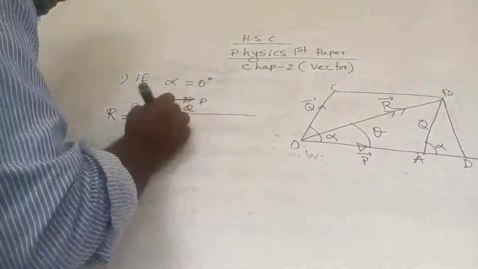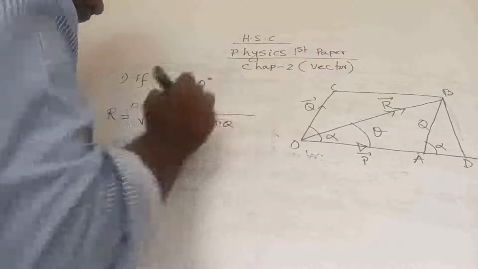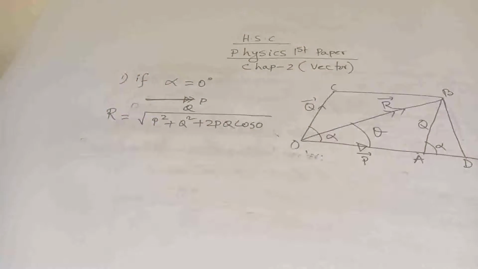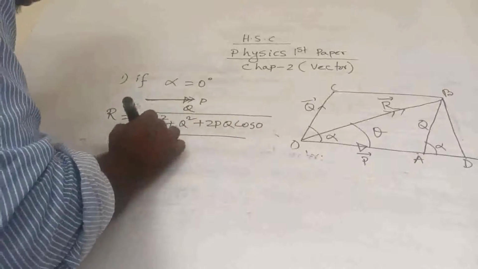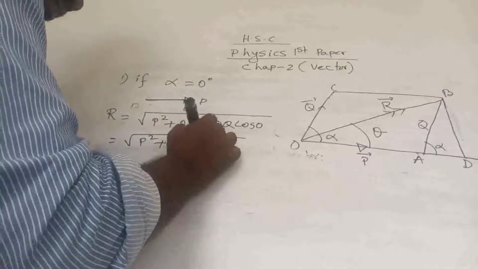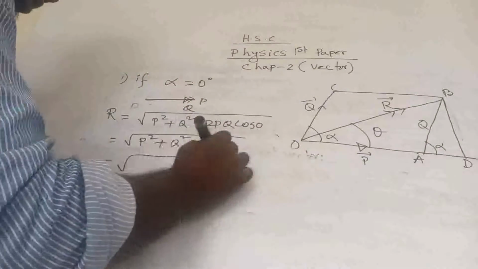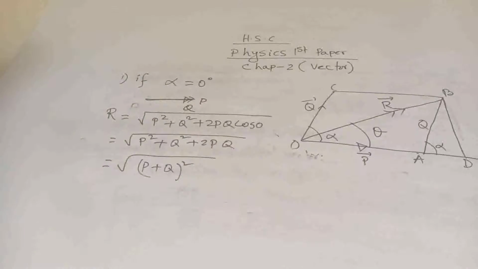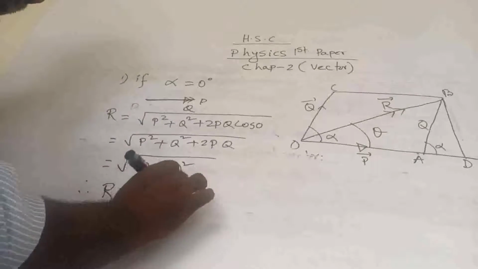R will be the square root of P square plus Q square plus 2PQ cos 0. As you know, the value of cos 0 is equal to 1, so it will be P square plus Q square plus 2PQ. And this is P plus Q whole square. So the square and root will cancel out. So R will be P plus Q.